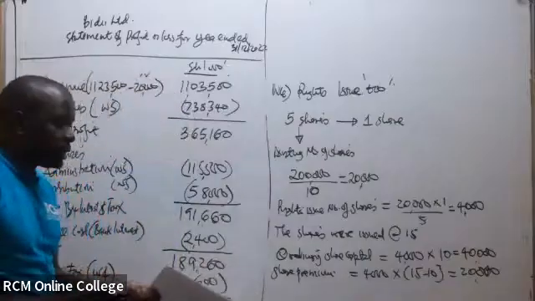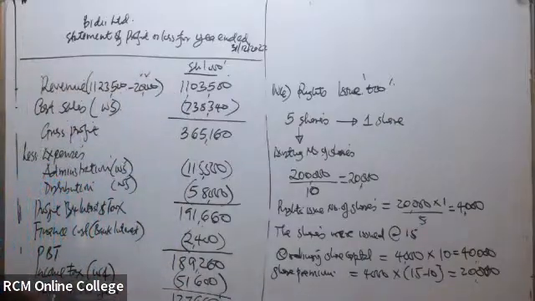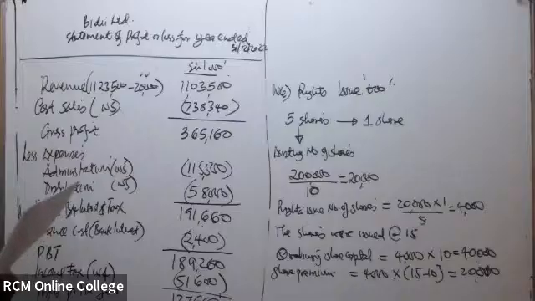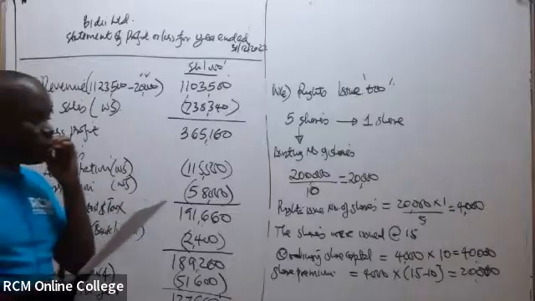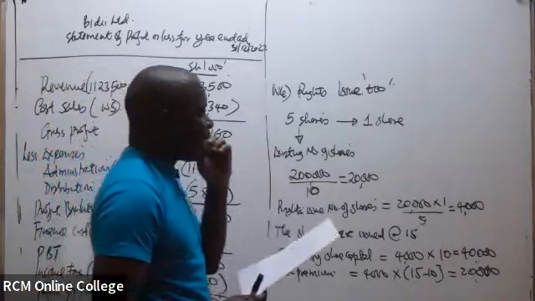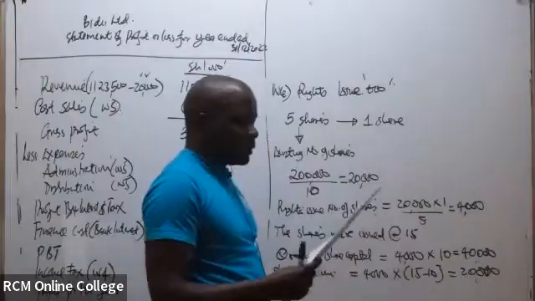So that particular rights issue will affect the books of accounts here. The shares were held at an exercise price of 15 shillings. So they exercised the rights issue at 15 shillings.